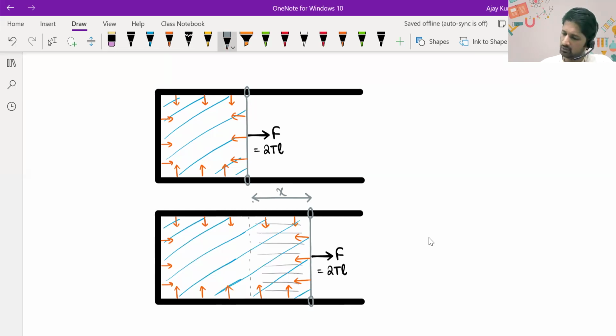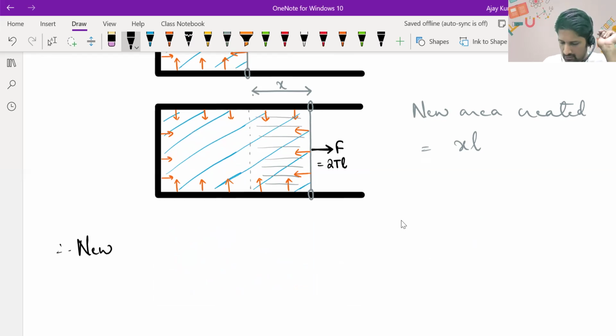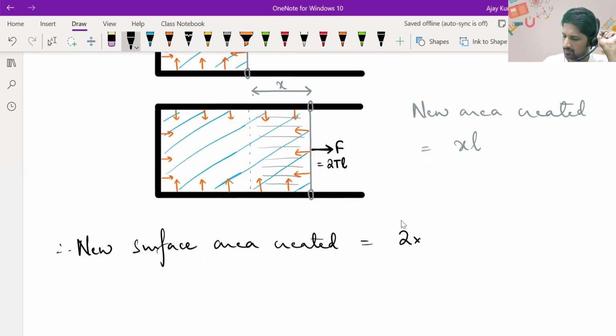So the new area created is x into L. But you are expanding a film of soap solution, so you are expanding two surfaces, not one surface. Therefore, the new surface area created is 2 times XL. That much new surface has been created.